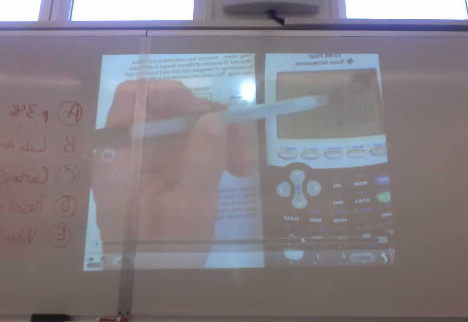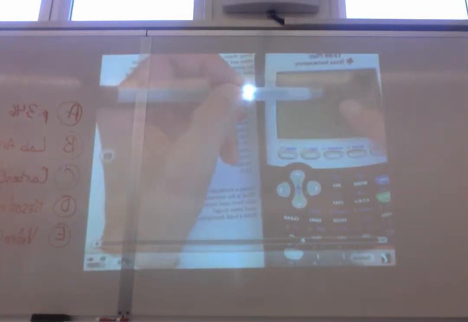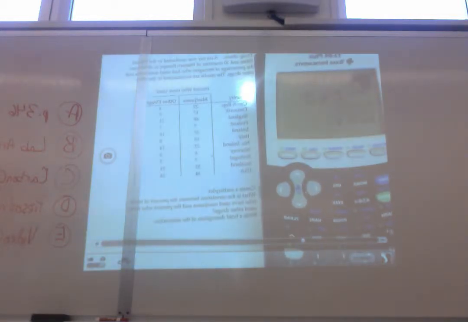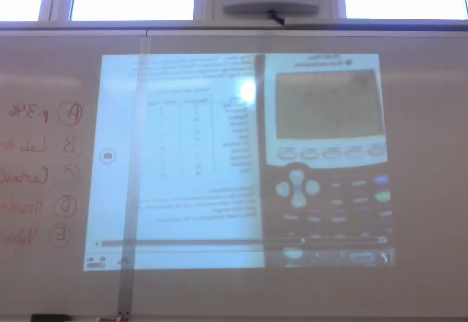This time we're looking at scatter plot, list 1. Okay, so it should say on and it should say type scatter plot. Also it should say X is list 1, Y is list 2. So double check your screen matches.